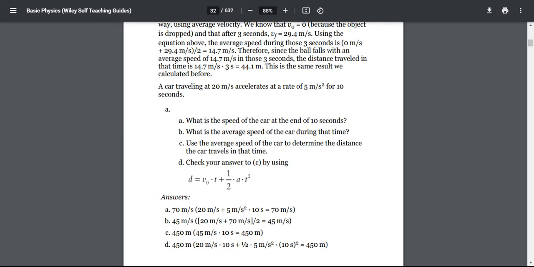So let's find out. d equals v0 times t plus 1/2 times a times t squared. We have v0, the starting speed, 20, times t, which is 10 seconds, plus 1/2 times 5, our acceleration, times t squared, 10 squared. After the mathematical work we got 450 m. So yes, our short equation answer and our long equation answer are the same. So we just got the distance the car travels.